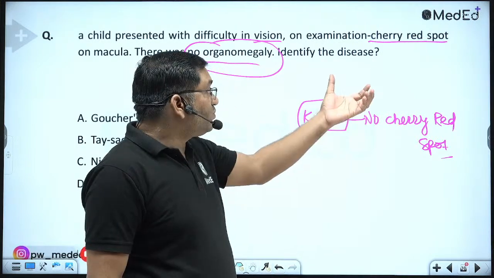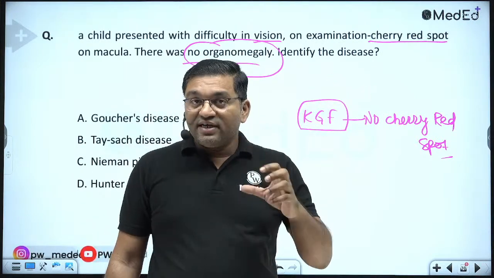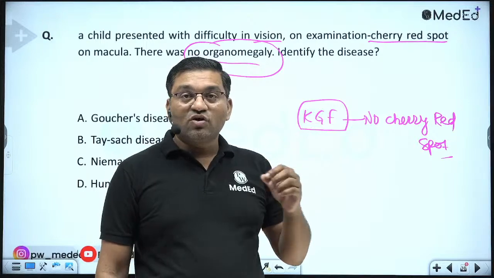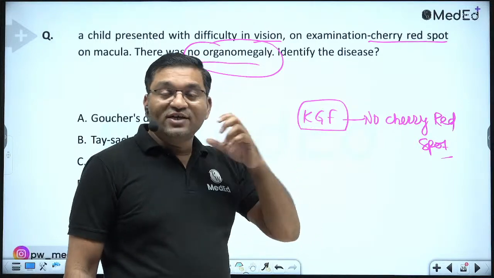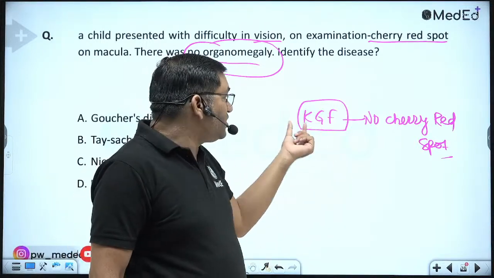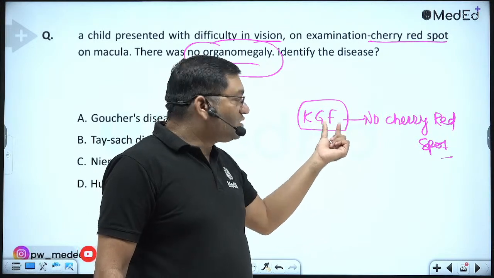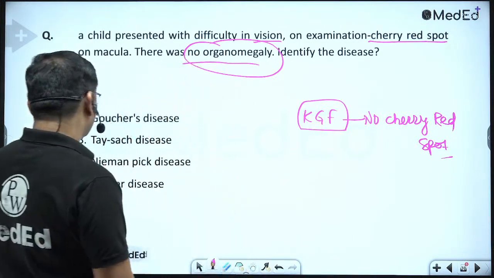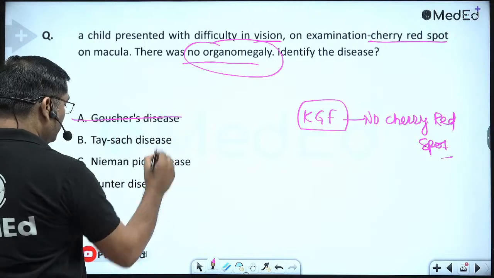So cherry red spot in the retina is a feature of lysosomal storage disorders, except Krabbe's disease, Gaucher's disease and Fabry's disease. Now remove Gaucher's disease.